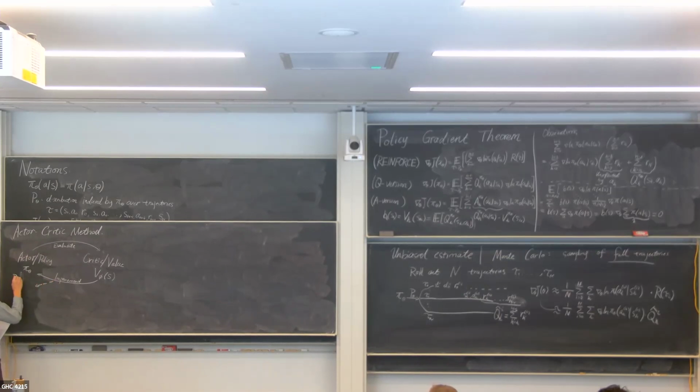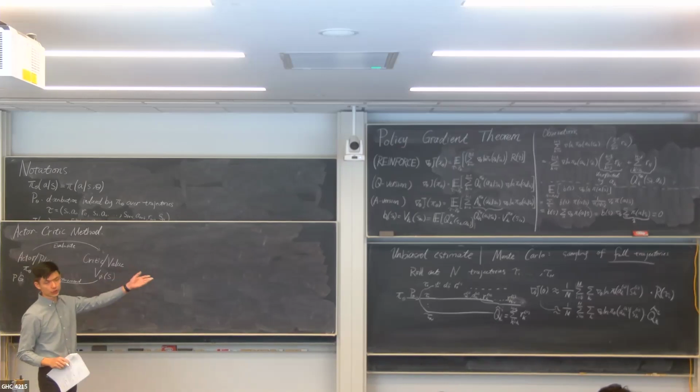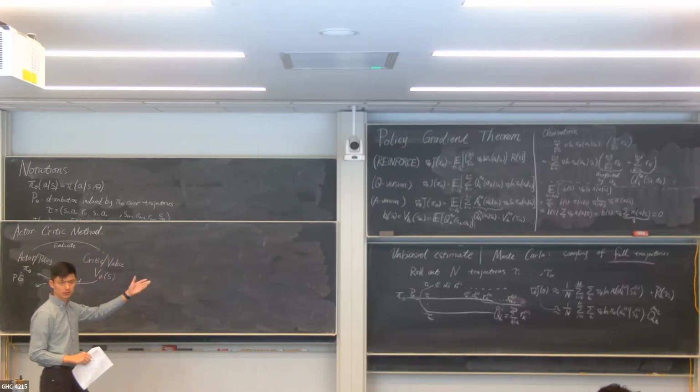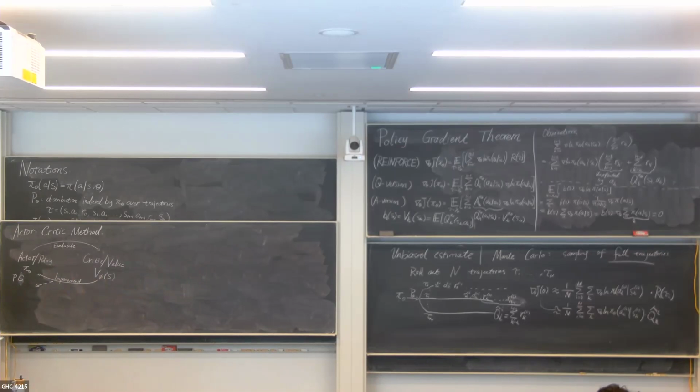We'll do policy gradient, but instead of the Q version or the REINFORCE version, we'll try to do the advantage version.